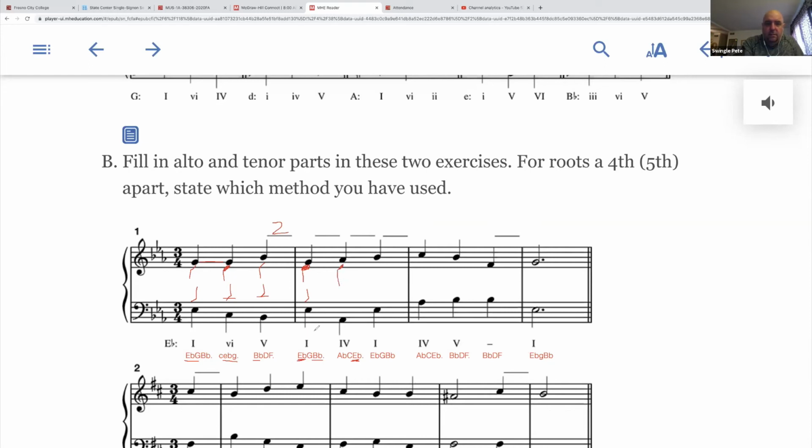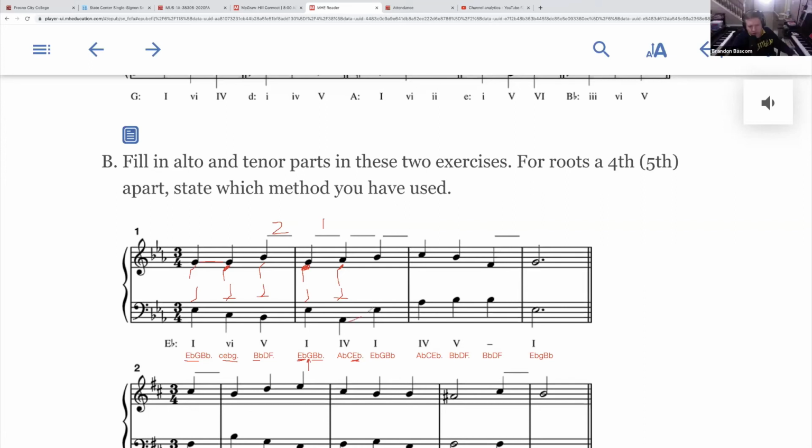We don't have a tertian leap because our third of our chord is a G, which would have to leap to a C. And our third moves to the root. So we could do way number 1 here. Move that to a C. Does that work? The tenor. I like it.